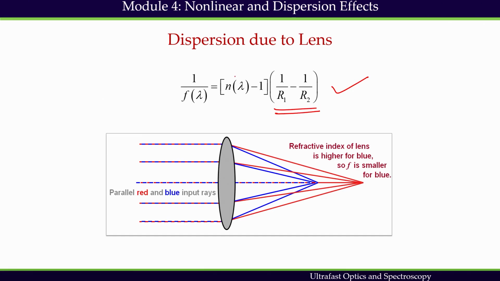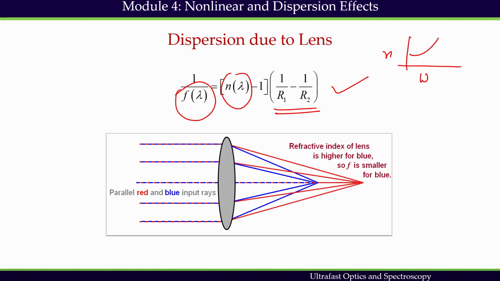For a particular lens, focal length will be inversely proportional to n(lambda), and we know that refractive index n will increase with respect to omega or decrease with respect to lambda.